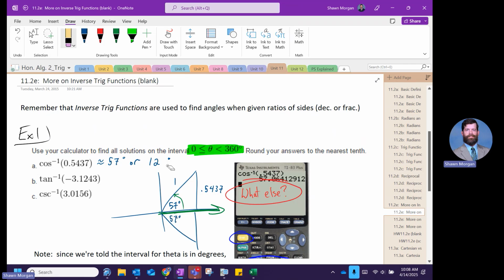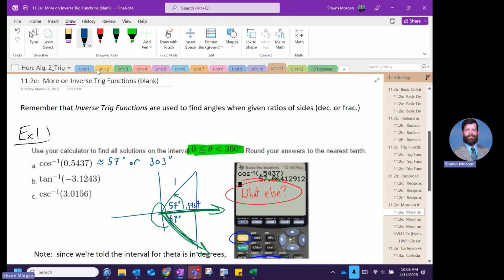All right, so 57 degrees. Let's scrap that 123 and say, all right, if 57 is my reference angle in the fourth quadrant, and 0.5437 is my adjacent side, yeah, so it'd be 303 degrees. We go all the way around to 303 degrees.